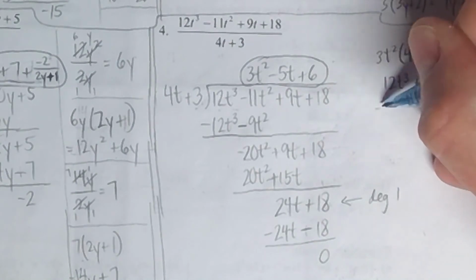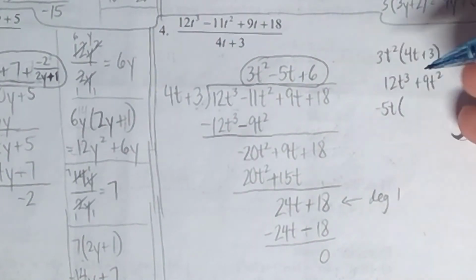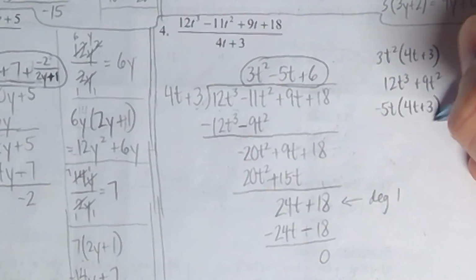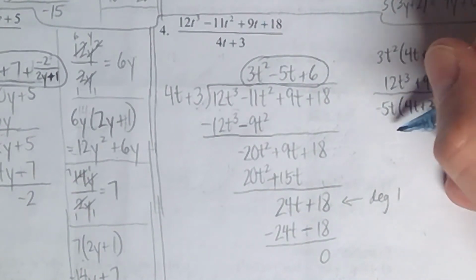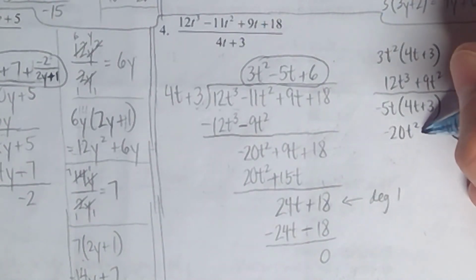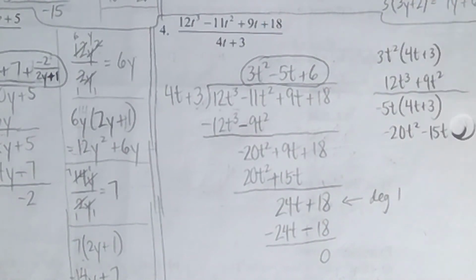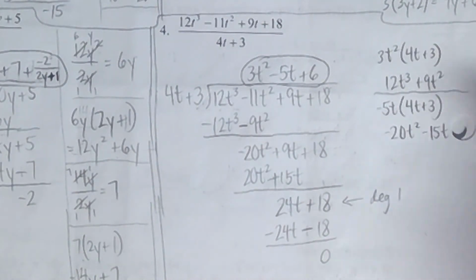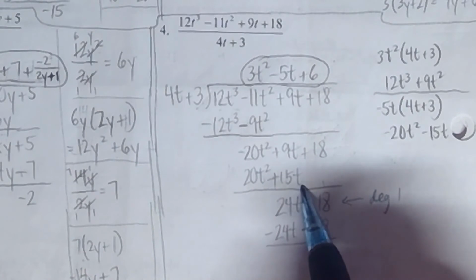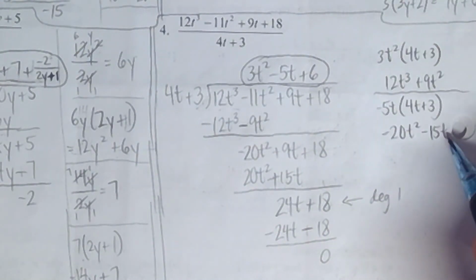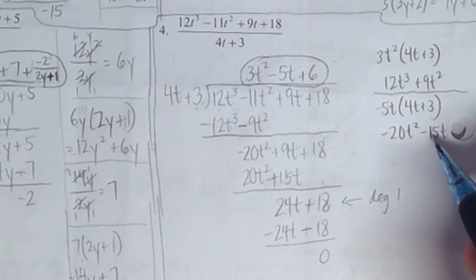Then I take negative 5t and multiply it by 4t plus 3 on the outside, and I get negative 20t squared minus 15t. Notice that both of those are negative, so when it goes down underneath, I need to change both of those to positive, because they both need to change the sign on the second line.